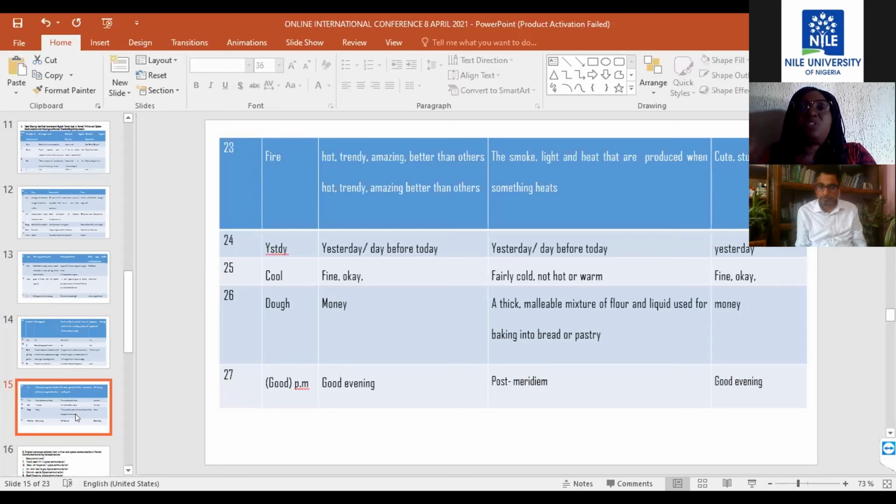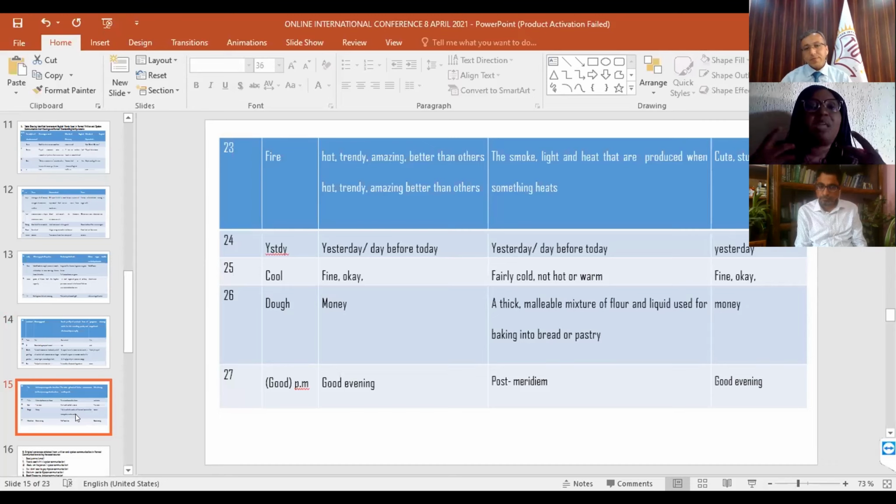But in the context within which this was extracted, it was used to mean someone being hot, someone being trendy, someone being amazing, better than others, as hot is often used in the informal setting. Then amazing. Okay, I repeated that. But then the standard English equivalent is cute, gorgeous, as the case may be, any of the adjectives that can depict that.